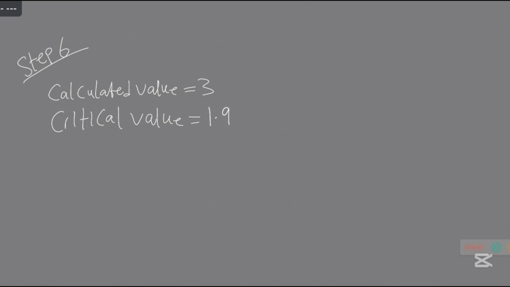From this we can see that the critical value is less than your calculated value, meaning that we are going to reject the null hypothesis. Why? Because the critical value is less than the calculated value. But if the critical value was greater than the calculated value, we would have accepted the null hypothesis. But since it is less than the calculated value, we reject the null hypothesis.